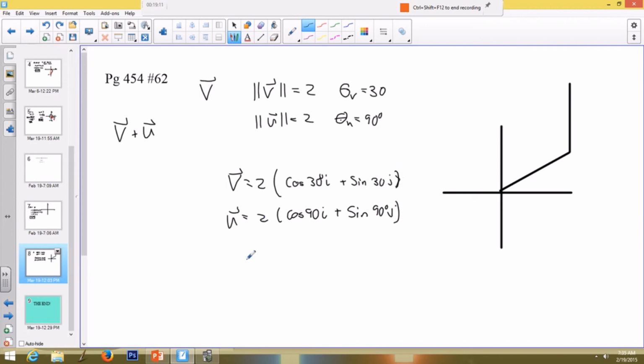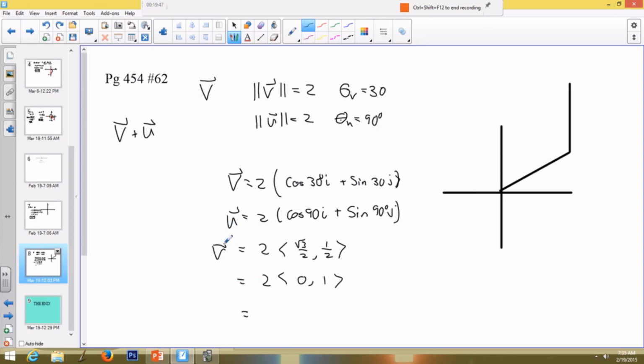All right. The cosine of 30 is square root of 3 over 2, and the sine of 30 is a half. So v becomes 2 times (square root of 3 over 2, 1/2). And for u, the cosine of 90 is 0, and the sine of 90 is 1.